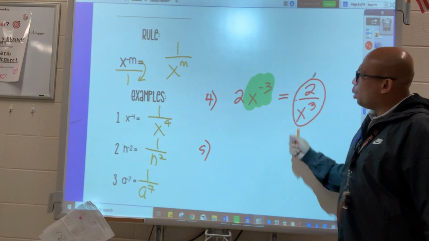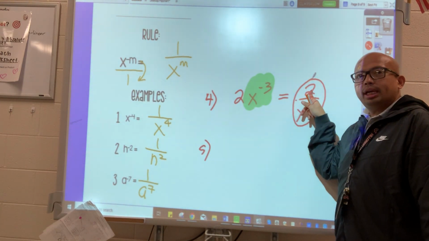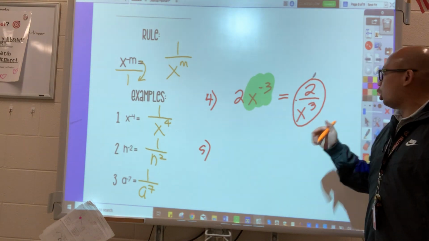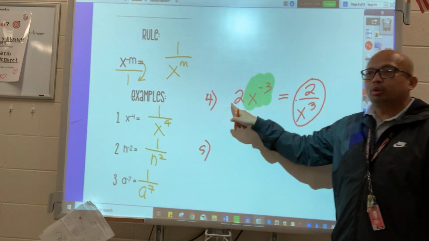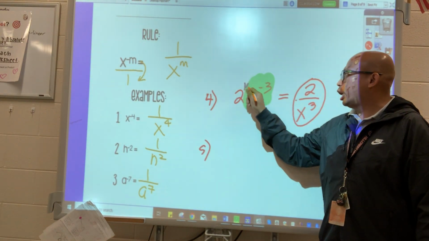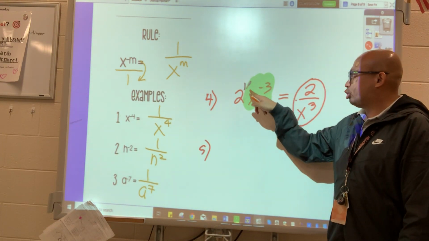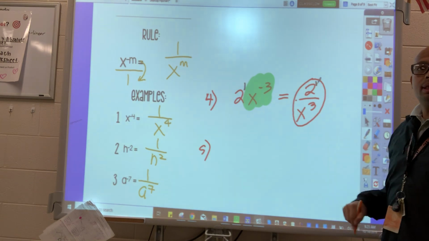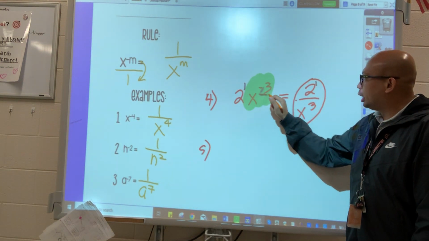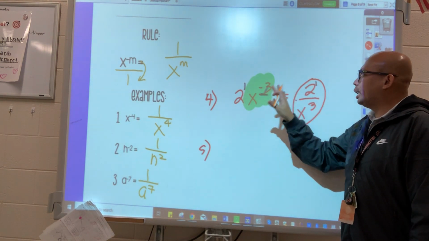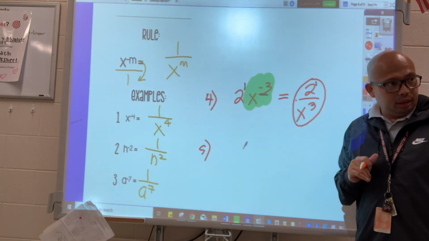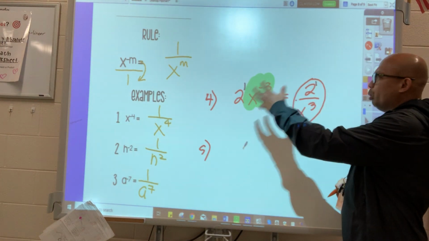Mr. O, why does the 2 stay on top? Why is it not with the x? Because what is the exponent of 2? There's an imaginary one there, remember? Is that one positive or negative? That's positive. So that 2 remains where it is. Only the base with the negative exponent has to go down.